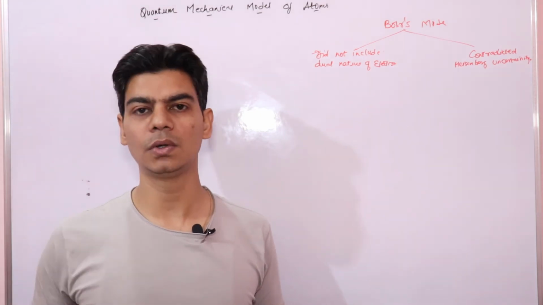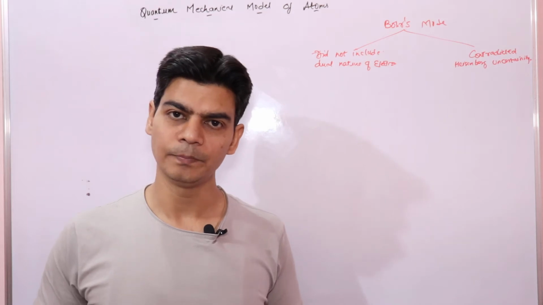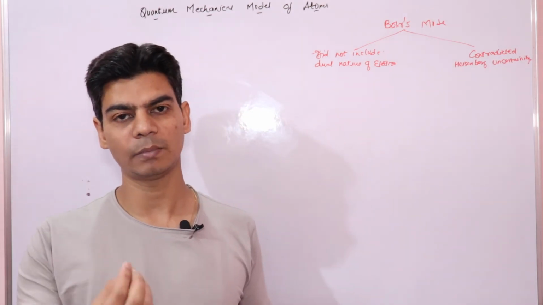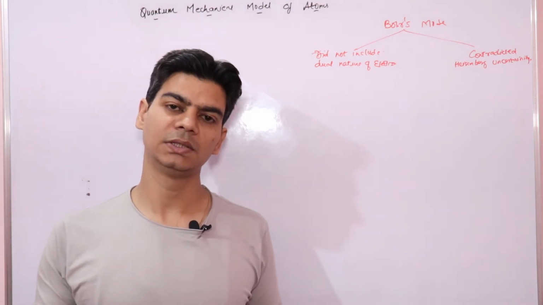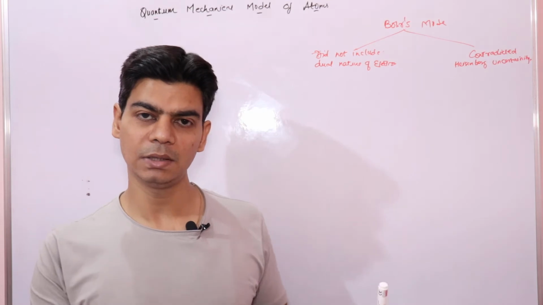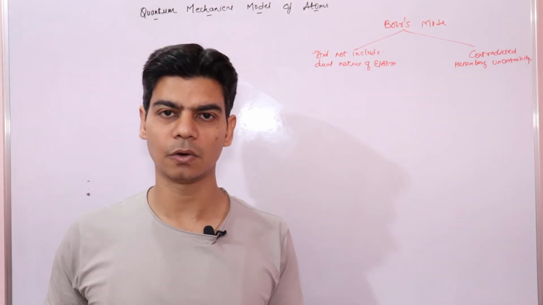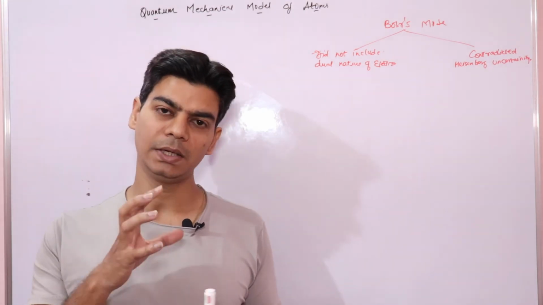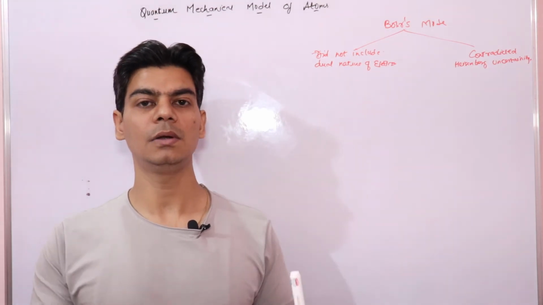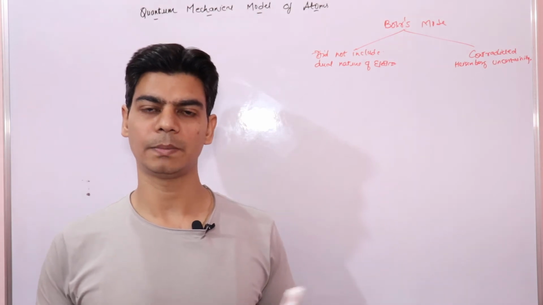So we have to include their wave character as well, and the science that includes the wave character of microscopic particles is quantum mechanics. In quantum mechanics, we deal with the particle nature as well as the wave nature of microscopic particles, and it tells us about their laws of motion.